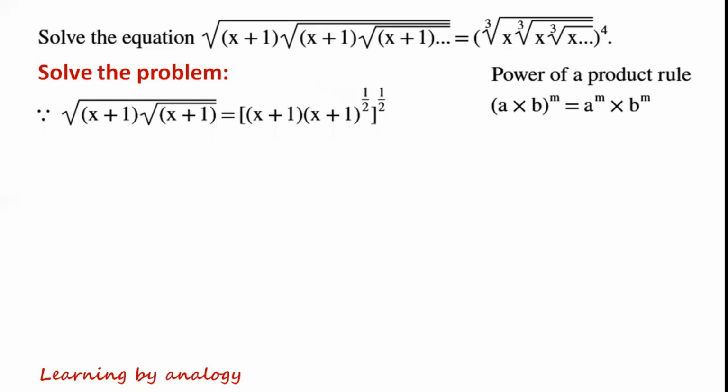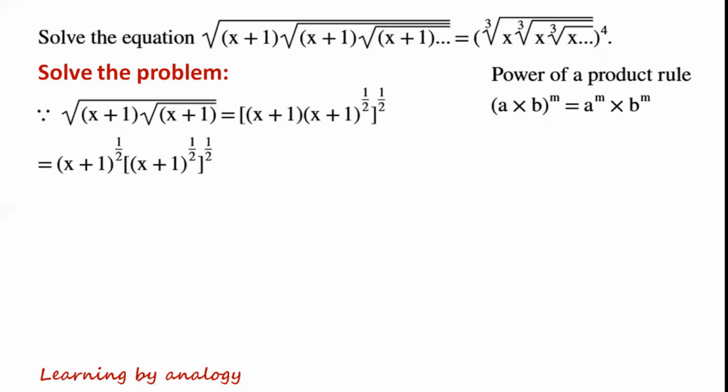The power of a product rule states that a times b, all to the power of m, equals a to the power of m times b to the power of m.